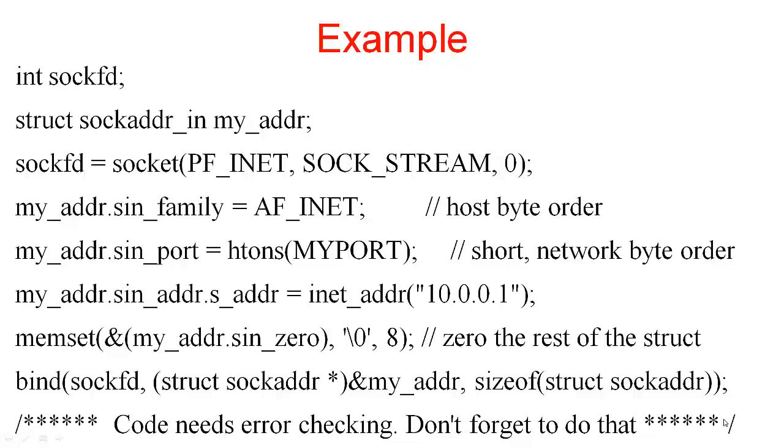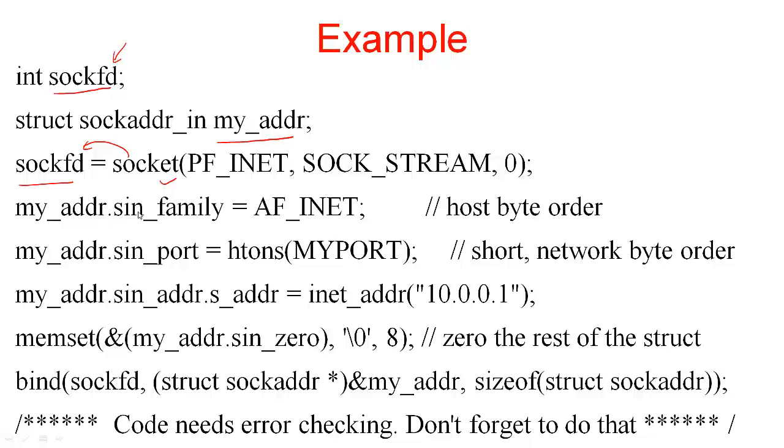So let's see whatever we have learned so far through this code snippet. So I am defining an integer sockfd. This is where the file descriptor corresponding to the socket will get stored. I am also defining an address field, and then I am opening a socket and I am storing the file descriptor in this, and then I am going to fill my port and address information in the sockaddr structure called my_addr.